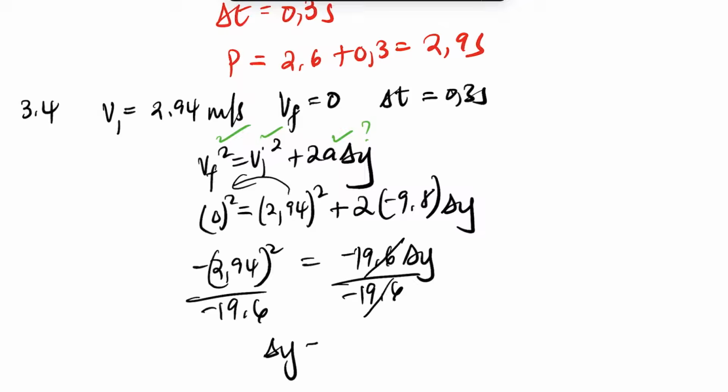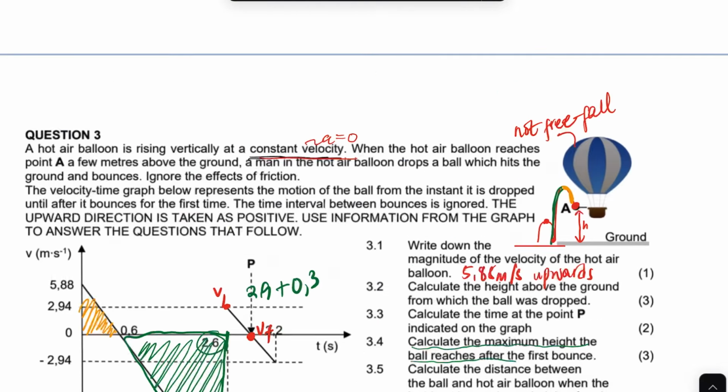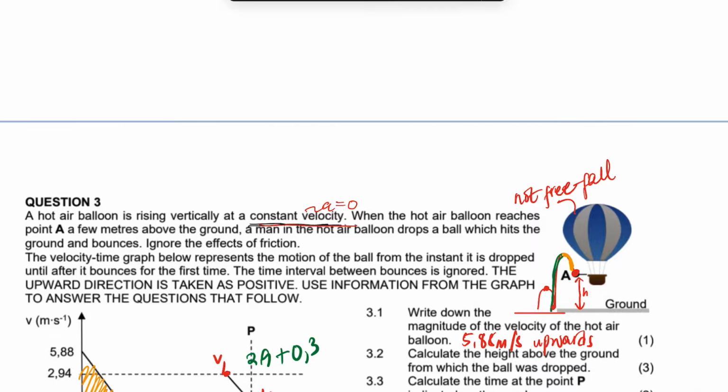When we punch that in the calculator, 2.94 squared divided by 19.6 is 0.45 meters. So the 0.45 meters is the height above the ground from here to here. It's 0.4, right? Must keep that in mind.